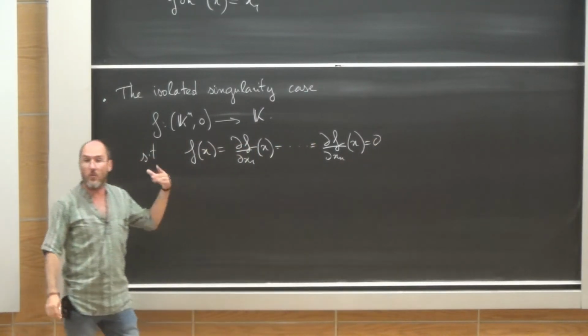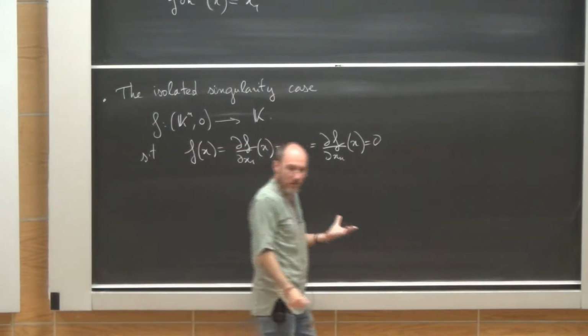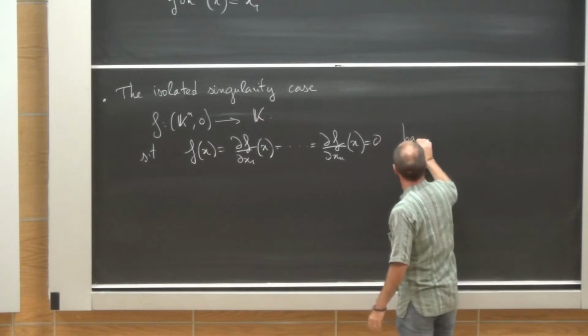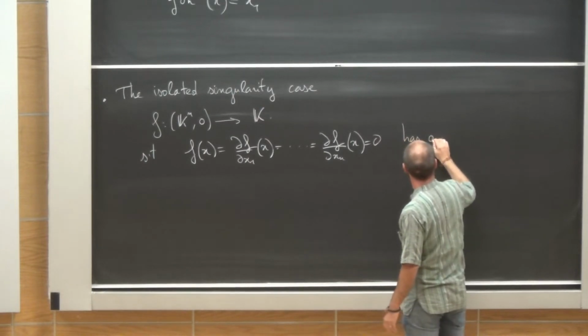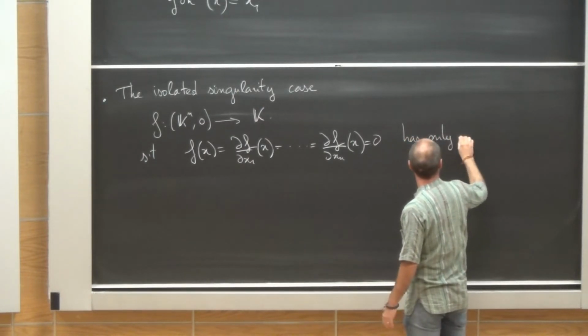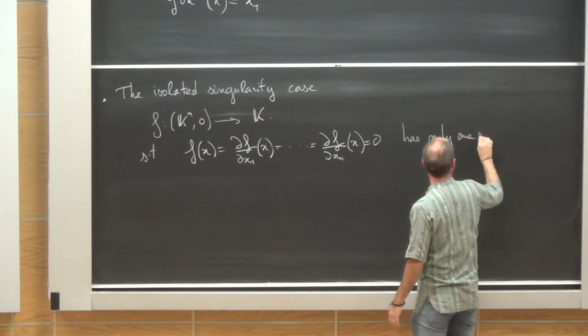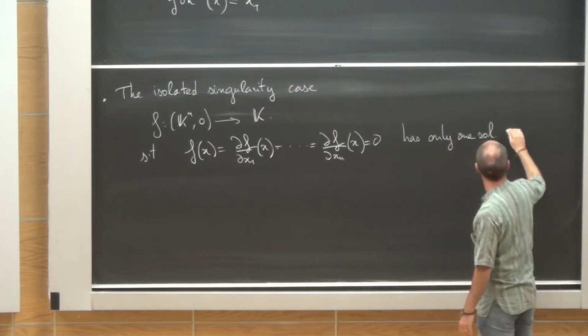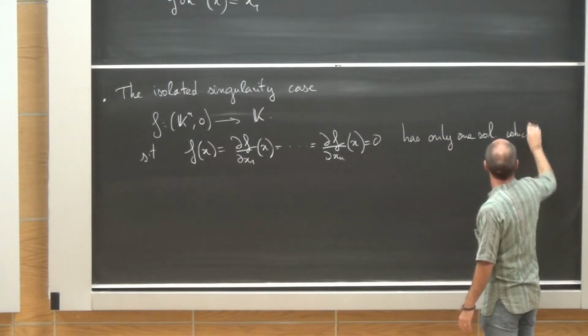So if this system of equations has only one solution, which is locally the origin, which is 0.